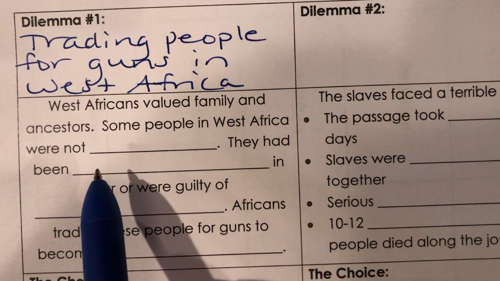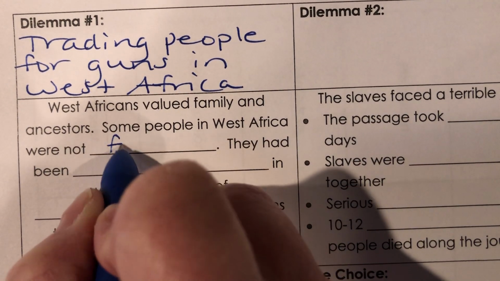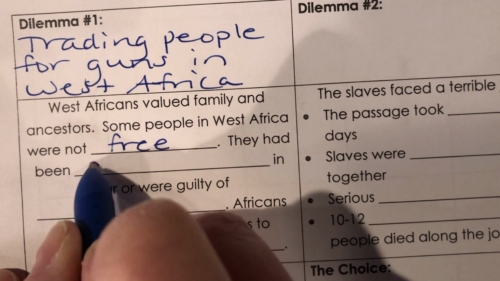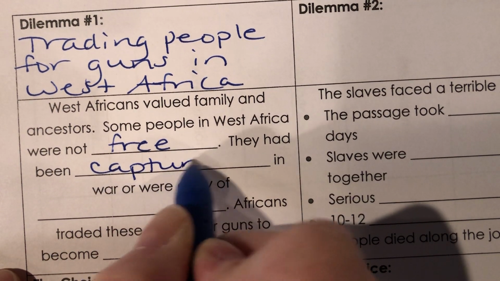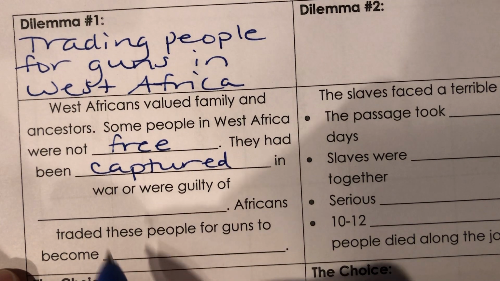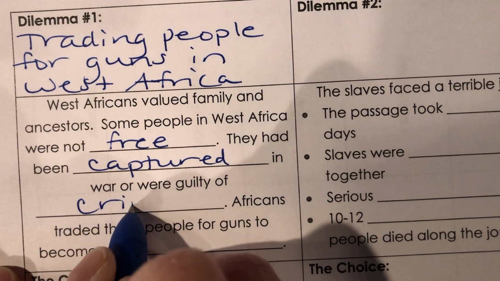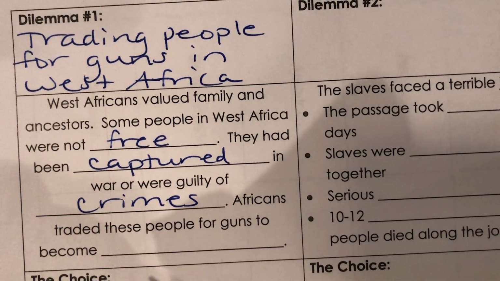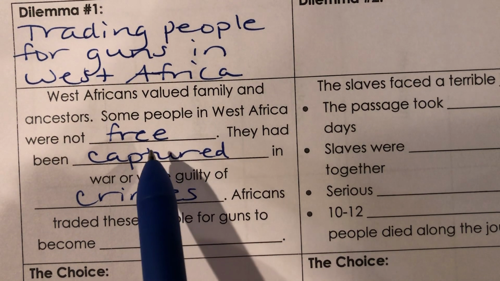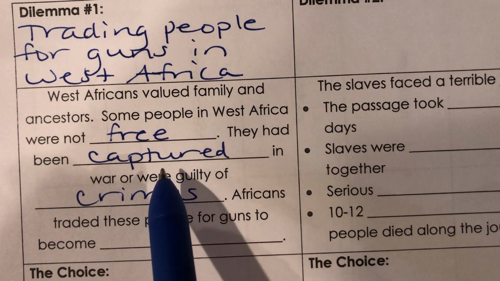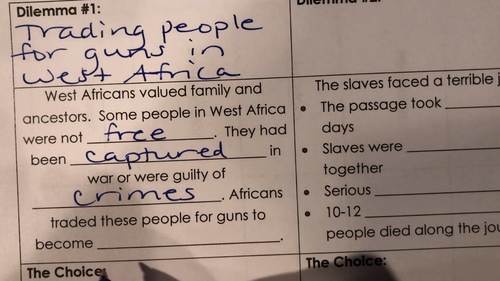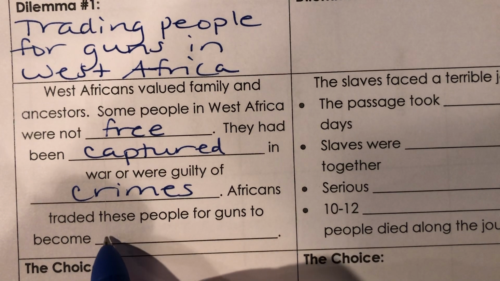Some people in West Africa were not free. They had been captured in war and or were guilty of crimes. It wasn't the same kind of slavery system that the Europeans brought, but there were some people that were not as free as other people. Africans traded these people for guns, their goal was basically to become wealthy.